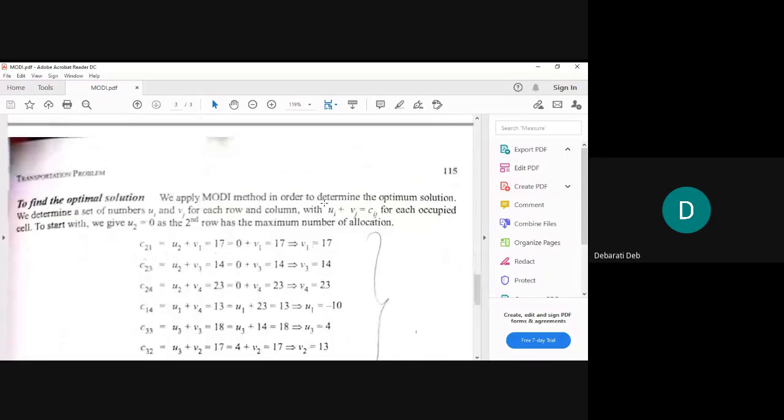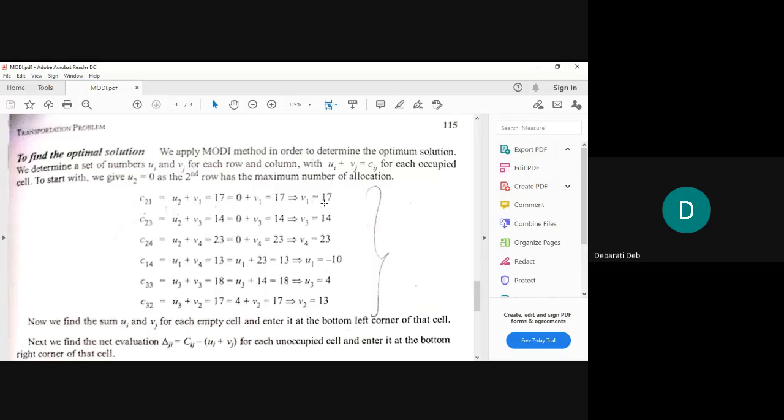You write C23 equals U2 plus V3 equals 14. That implies U2 is 0, so you write 0 plus V3 equals 14. Implies V3 equals 14.